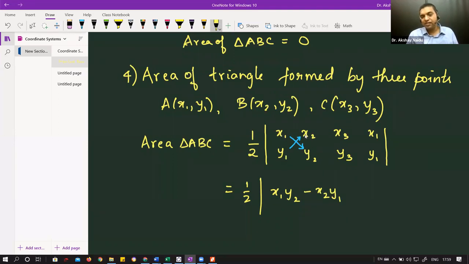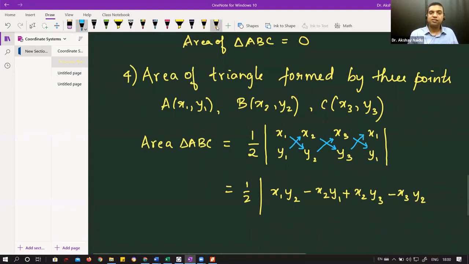So this product minus this product. Again go to the next, this product will be positive, this product will be negative. So again add x2 y3 minus x3 y2, and again the last term, plus x3 y1 minus x1 y3. By this formula you get the area of the triangle.